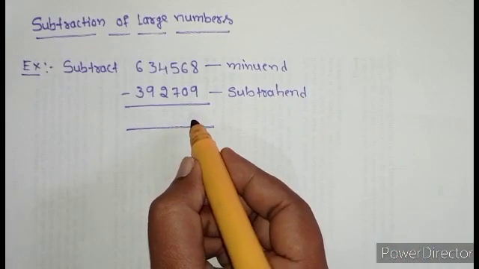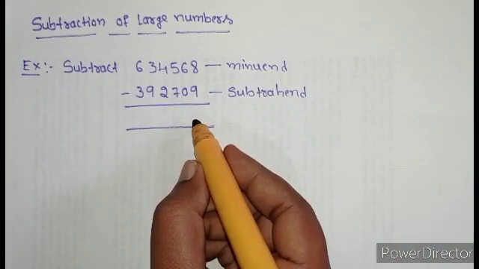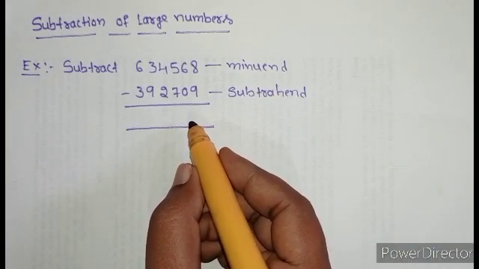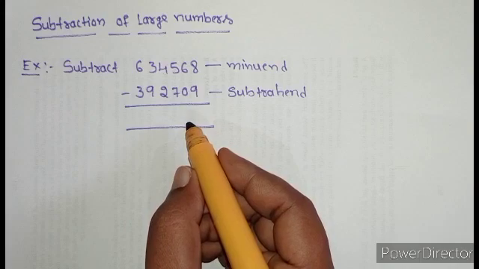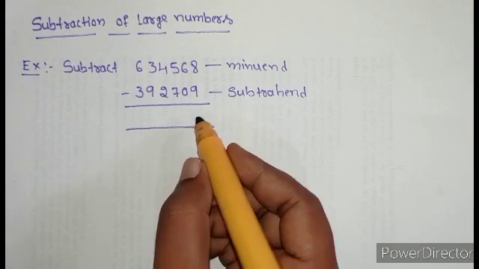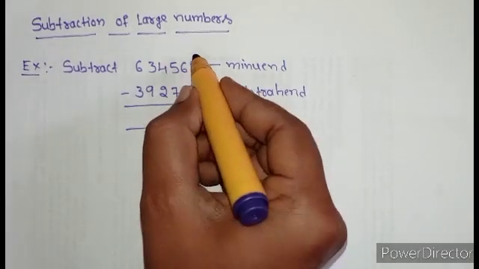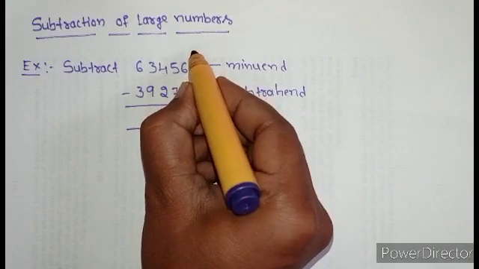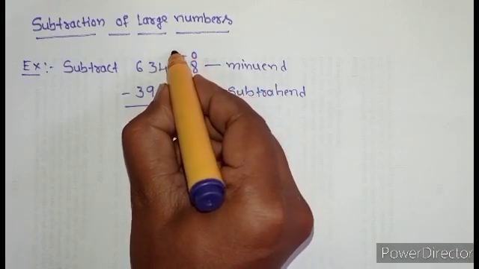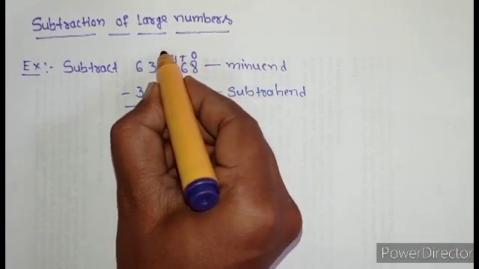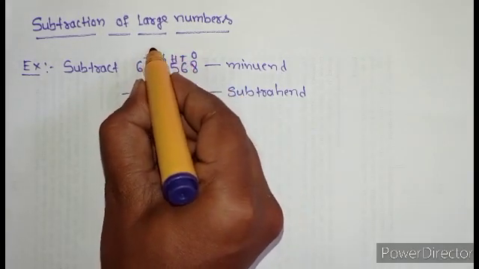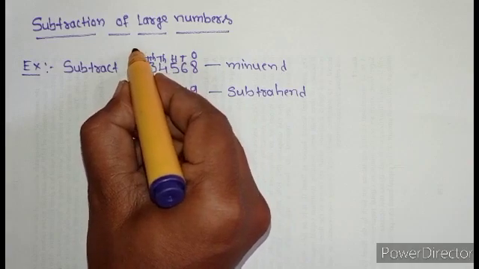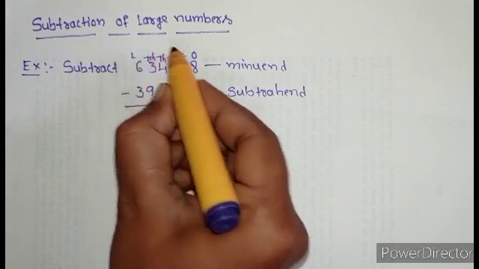Here I am going to do it directly. No need to write the place value chart. If you do it by writing the place value chart, that is also correct. This is the ones column, this is the tens column, this is the hundreds column, this is the thousands column, this is the ten thousands column, and this is the lakhs column, right?